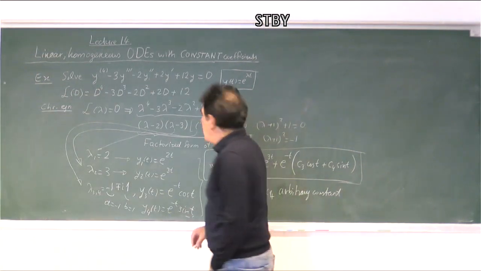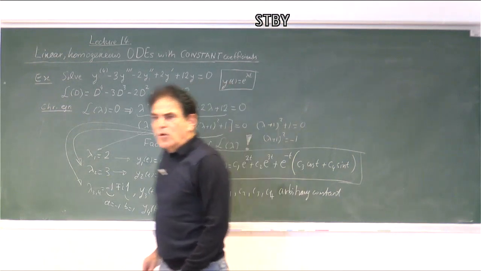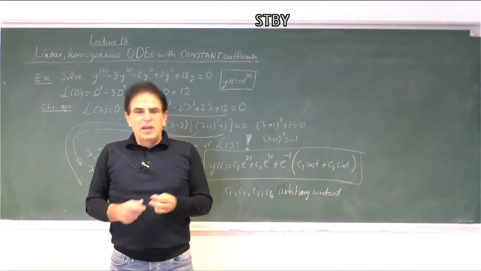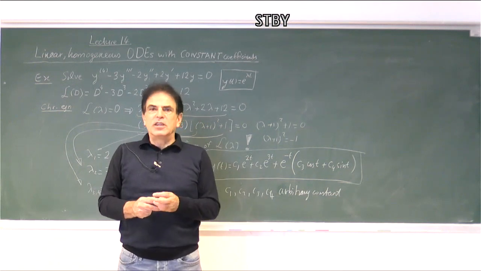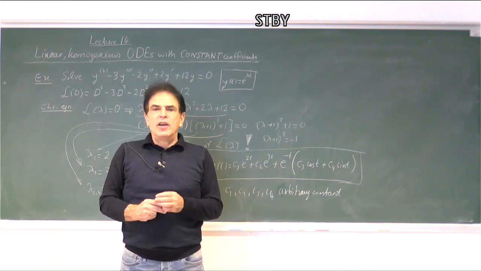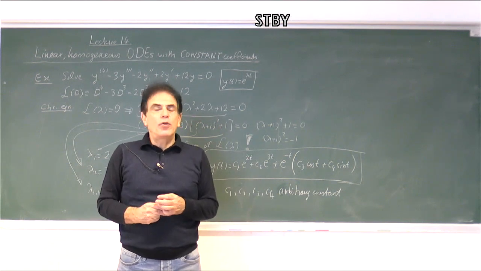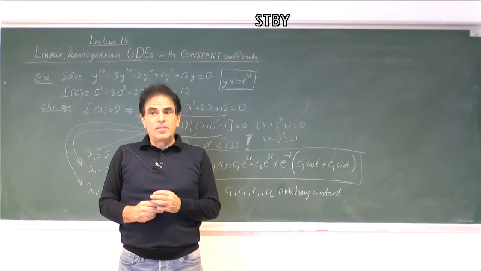Okay, now one more case remains. As we stated at the beginning of this lecture, a polynomial equation has roots which are real and distinct, which are complex, or which are repeated.